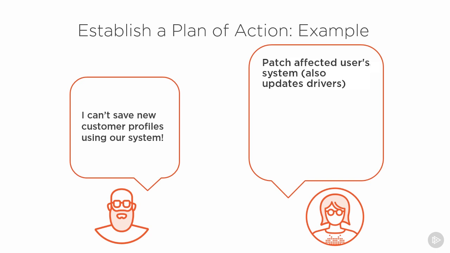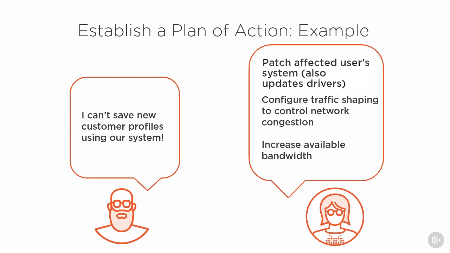So for instance, we might determine that we need to patch affected user systems, which might also update drivers. Perhaps that's part of the solution. We might even configure network traffic shaping to control network traffic congestion if that turns out to have been what the problem was. We might also implement some kind of a preventative measure, such as increasing available bandwidth so we don't run into this again.